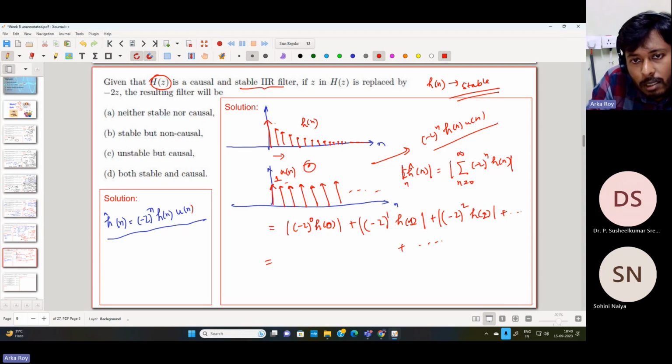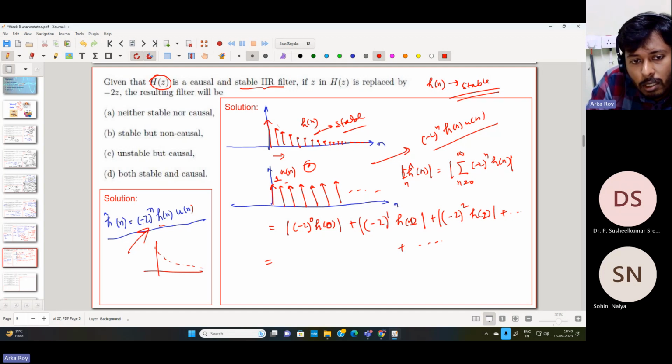Because this is stable, any decaying sequence is stable. So here also, if I multiply some values with this minus 2 to the power n with this decaying sequence, obviously the sequence will again be a decaying sequence, because at a sufficiently large value of n, it is reaching 0.